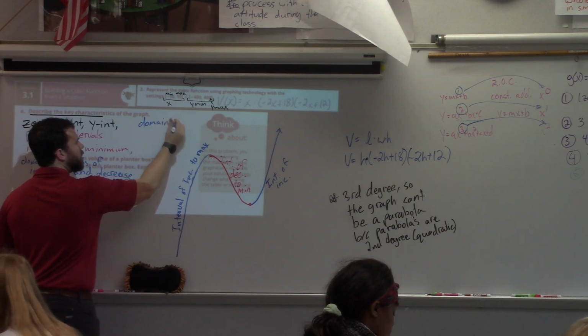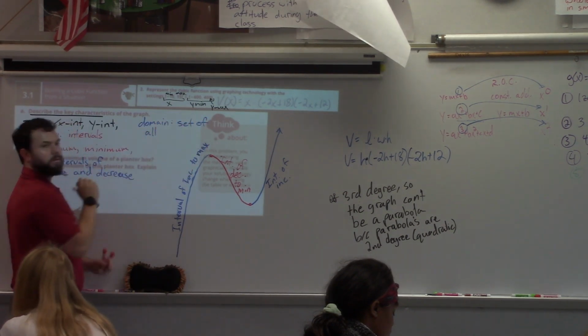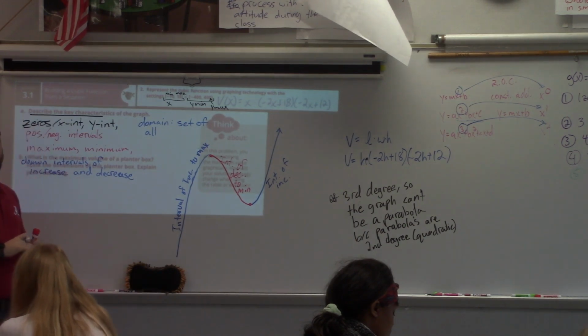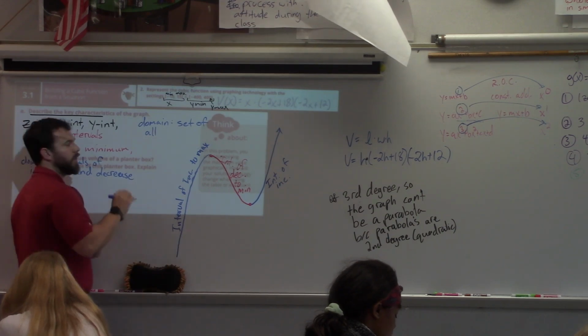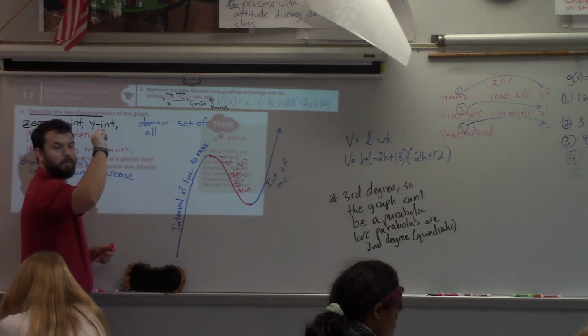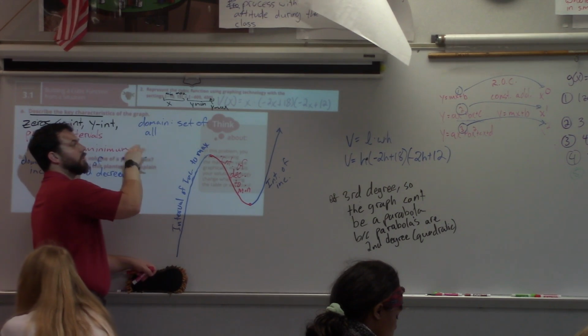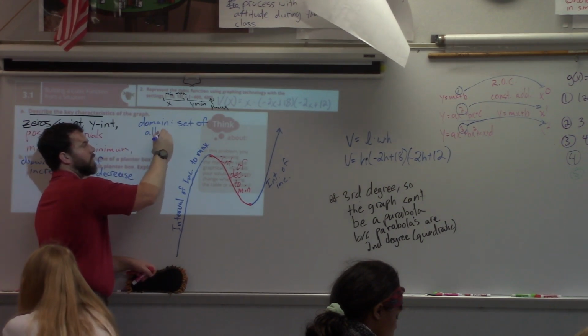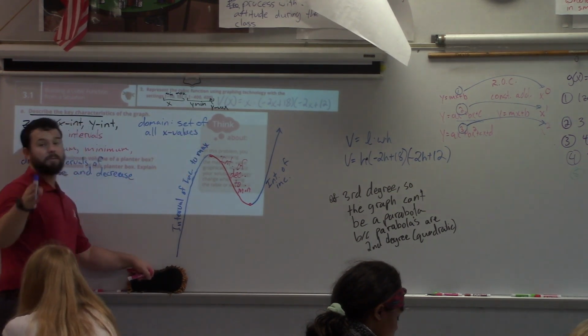The domain is the set of all, anybody know? Sometimes, for this function, yes, but not always. The next unit we have, we're going to study a couple of functions where the domain is not all real numbers. But in general, domain is the set of all x values. It doesn't have to be whole numbers.